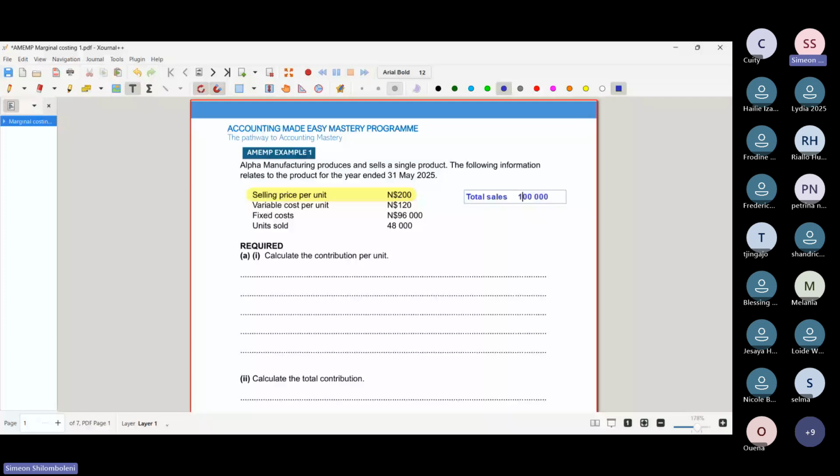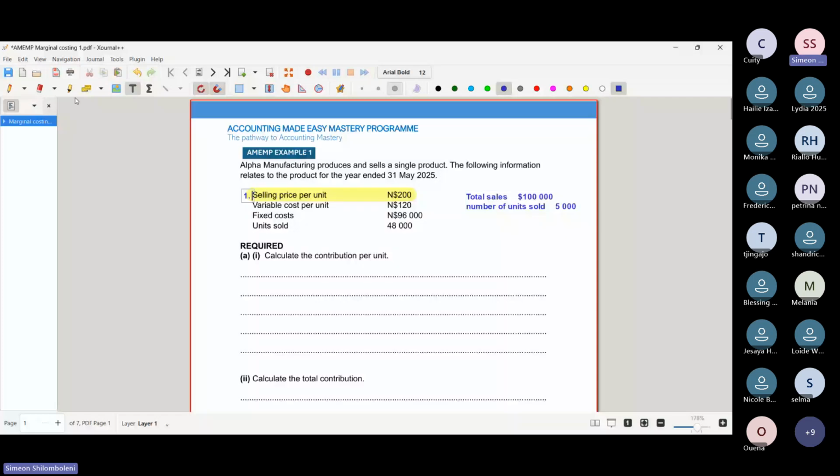And then they will tell you the number of units sold, maybe 5,000. Now, in this case, the selling price is not given, but the information that we have can give you the selling price, because you just take your total sales divided by the number of units. So in a question, the first thing that you need to look for is the selling price. In our case, it's already given.